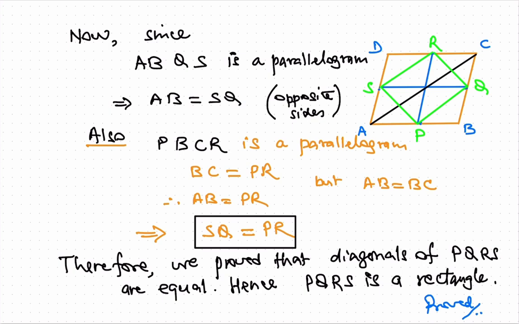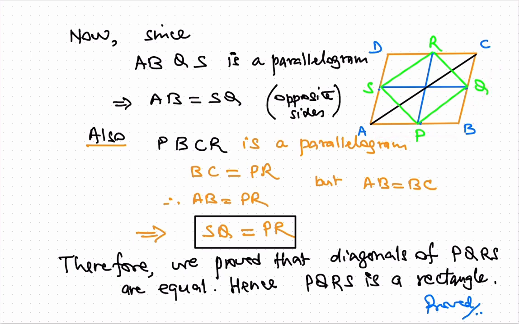Also, in parallelogram PBCR, now we are taking this parallelogram, BC equals PR because opposite sides are equal, but AB equals BC.